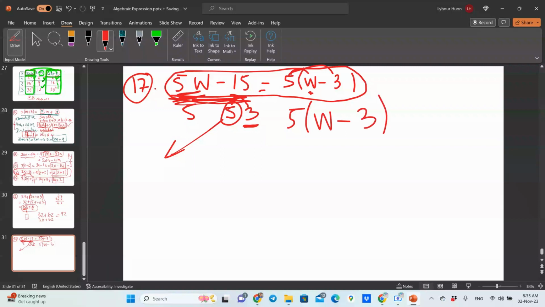Because when we distribute back, 5 times W is 5W, and 5 times minus 3 is minus 15, right? So it remains the same.